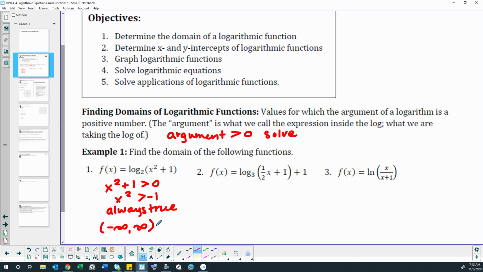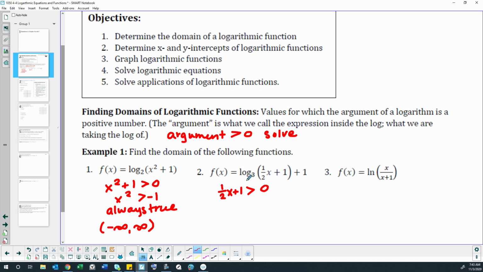Okay, number 2. This plus 1 doesn't change anything for the domain, because the range of a logarithm is all real numbers. Adding 1 just shifts the whole graph up and doesn't change the range at all. So this is the part we're worried about for the domain. We take our argument, 1/2 x plus 1, which is greater than 0. The plus 1 outside of the parentheses is not part of that argument.